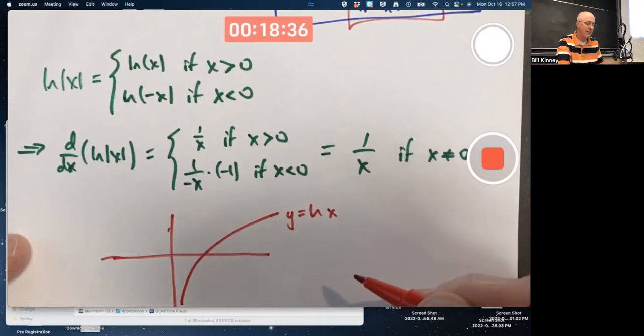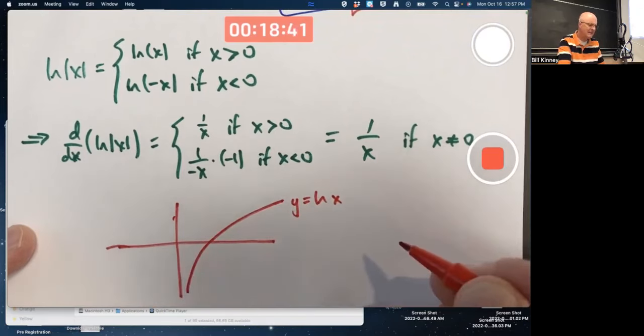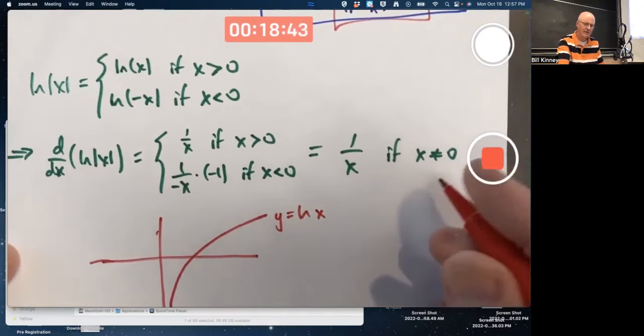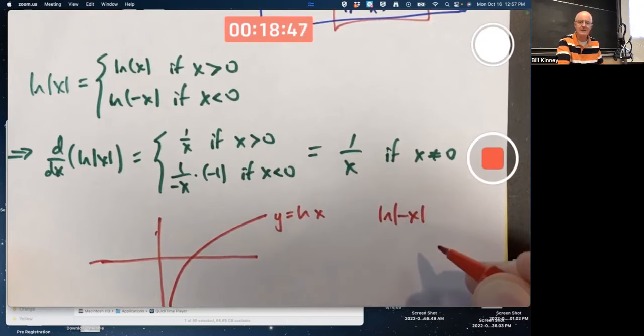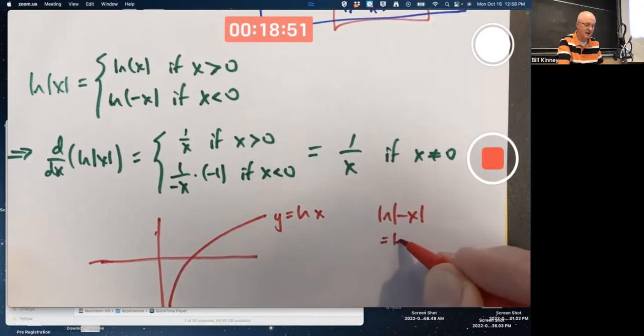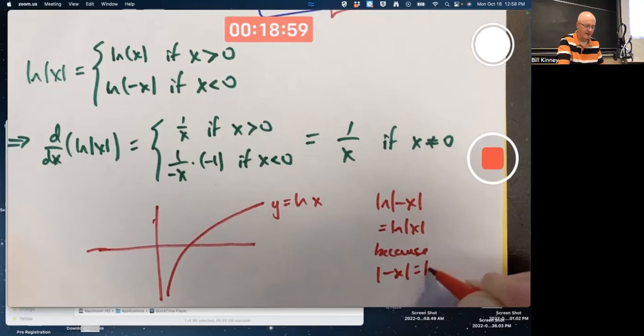What's the natural log of the absolute value of x? It's also defined when x is negative, and it's got to be an even function. The natural log of the absolute value of negative x is the same as the natural log of the absolute value of x, because the absolute value of the opposite of a number is the same as the absolute value of the number itself.